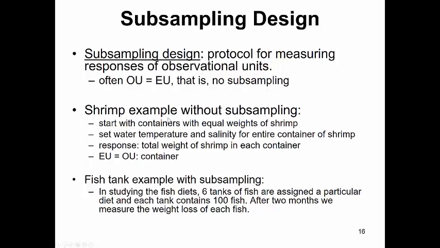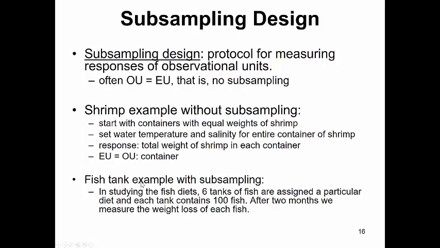For the shrimp example, if you start with containers with equal weights of shrimp, set the water temperature and the salinity of the entire container, and the response is the total weight of shrimp in each container, you're measuring the container, not each individual shrimp. In that case, there would be no subsampling because the EU is equal to the OU. Again, we don't have any multiple observations.